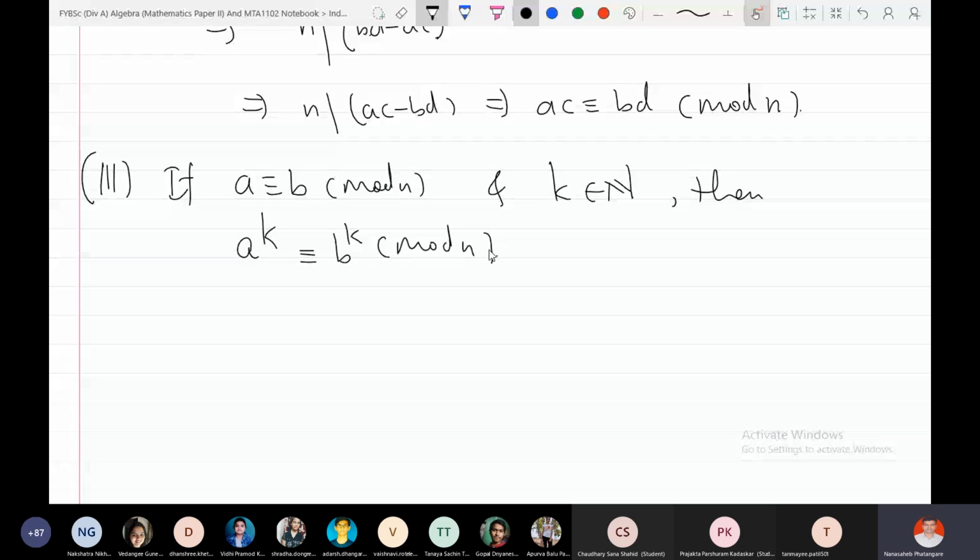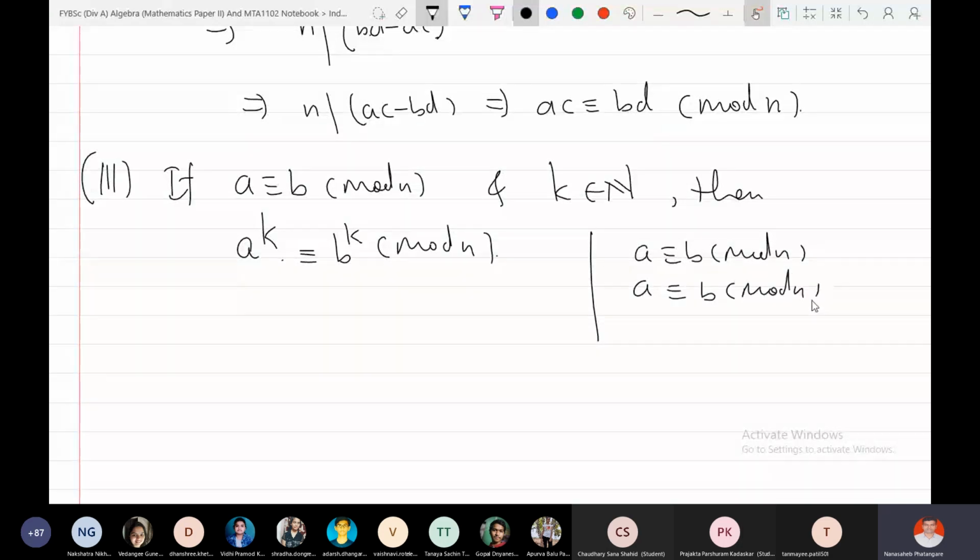I think there is no need of a detailed proof for this. Why? What is the proof? Suppose I assume A congruent to B modulo N and A congruent to B modulo N. The numbers are the same, but these are two congruences. Now, using the previous result, can I multiply these two congruences?